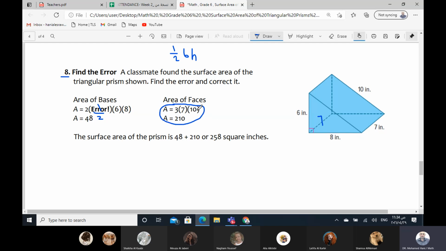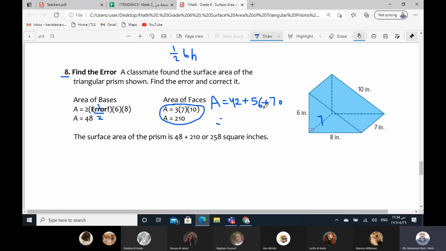So for the area of faces, we can write the area of the back here, 6 times 7 will be 42, plus the bottom here, 7 times 8 will be 56, plus here we have the top, 7 times 10 will be 70.